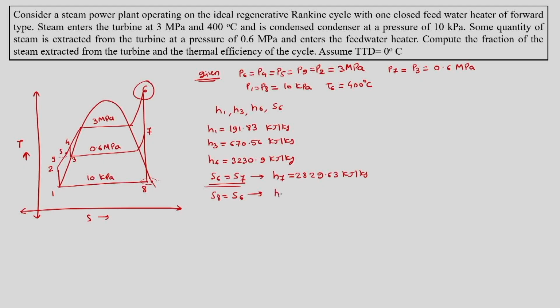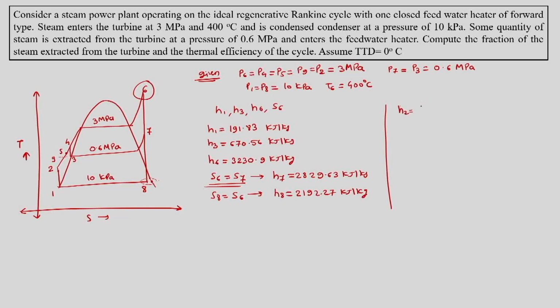Ultimately we need to find H8, and H8 comes to be 192.27 kilojoule per kg.